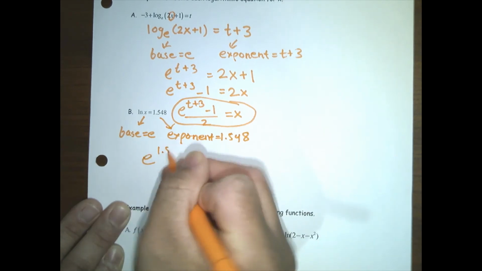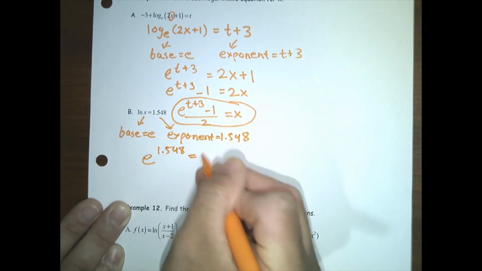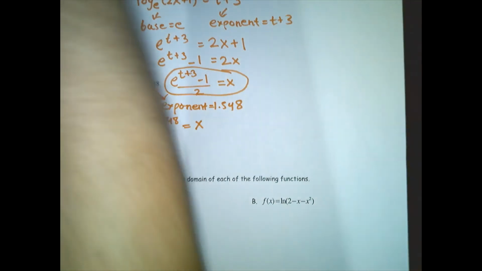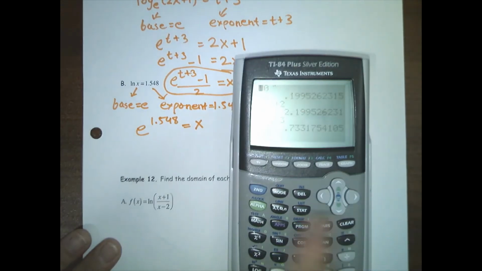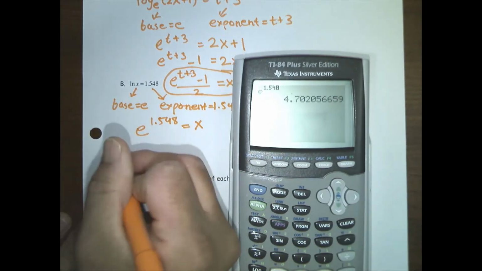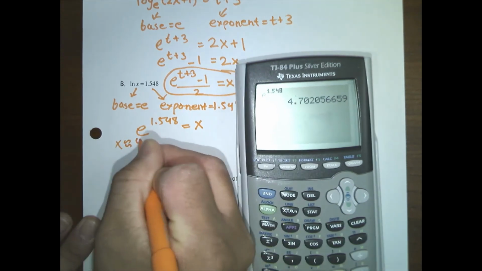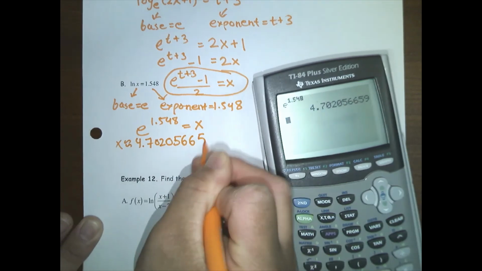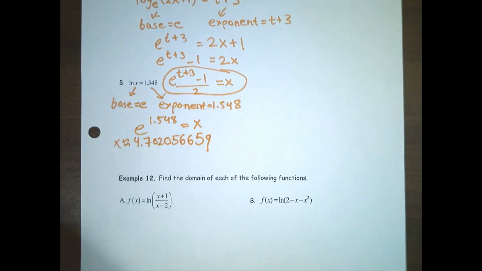So e to the 1.548 power is equal to x. And I definitely need a calculator for that one. So x is approximately 4.7020566659. What a time to be alive.